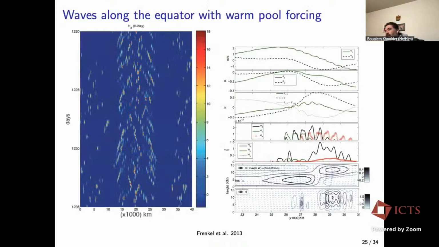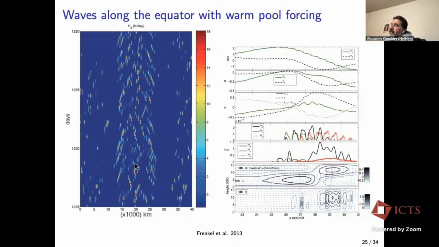These are simulations with that model with the horizontal dependency, where we set up a warm pool, and then we just let it run for up to 1,200 days here, and time goes down. You get these waves, like gravity waves, propagating away from or in the warm pool in both directions.